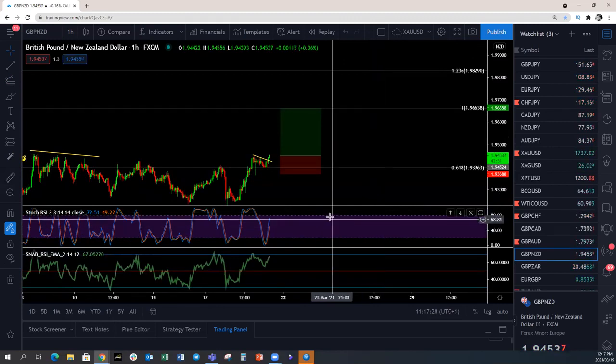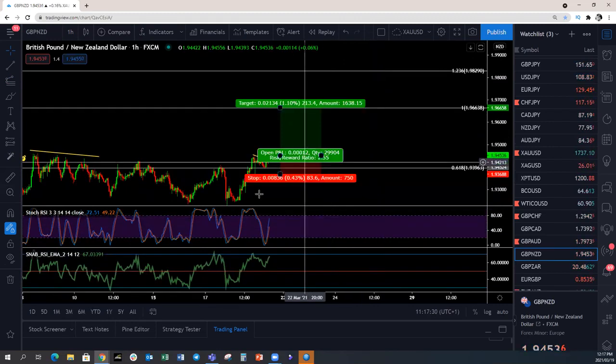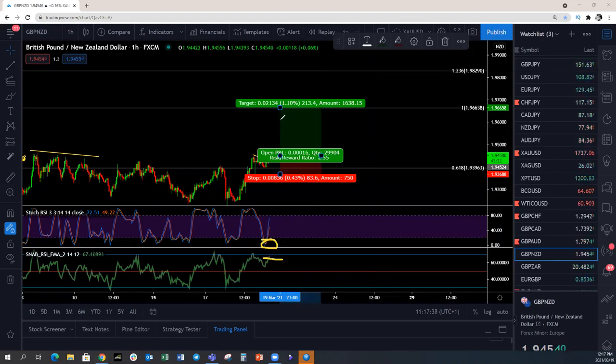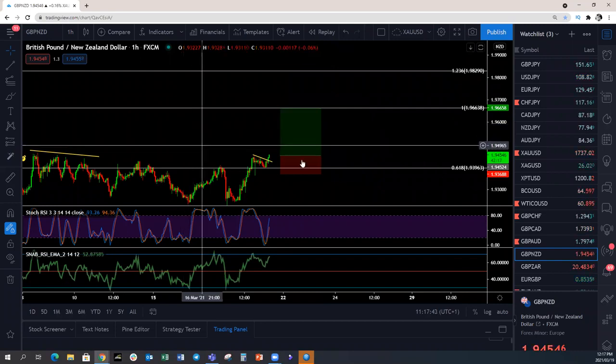You can take this trade right now. It's ready. We are at the bottom. We've just turned from the bottom. We are well above 50 on the 1 hour and we're looking for upside. So this is ready right now.